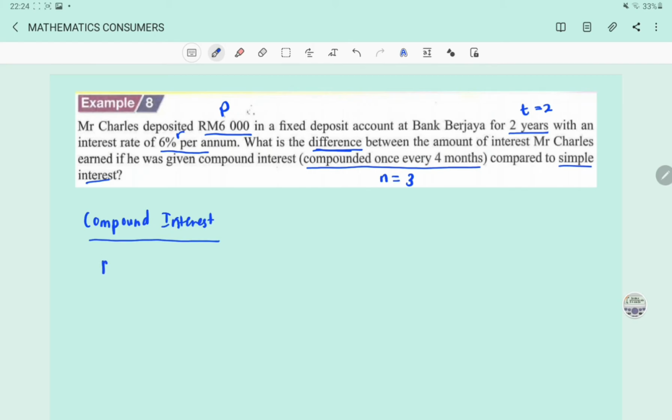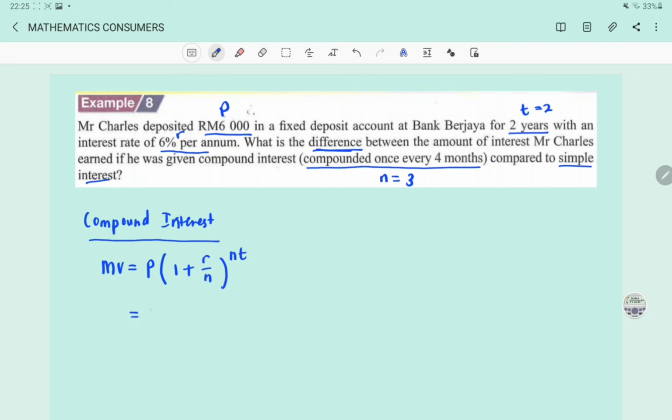So MV, I suggest that when you want to find the value and make the calculation, make sure you write back, you rewrite the formula, because if you rewrite the formula, then you will remember the formula and you know how to use the formula. So P in bracket 1 plus R over N to the power of NT.